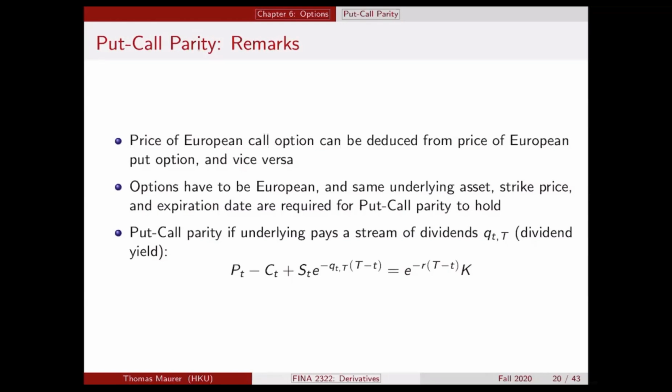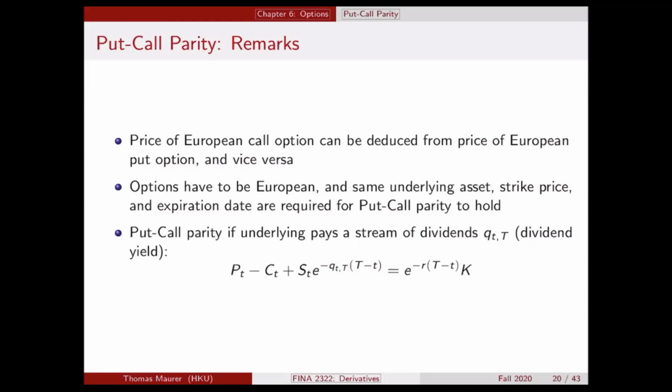And then finally note that we can also write the put-call parity, instead of using discrete dividend payments at discrete points in time, by using a flow of dividend payments given by q.